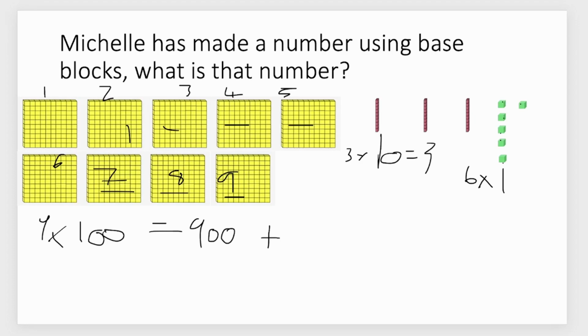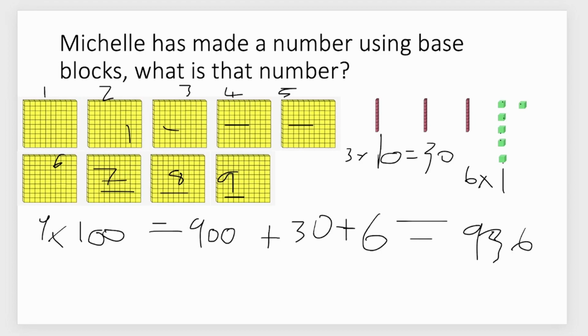So we have 30 for our pink section. So we're going to do 900 plus 30. And we're just going to write another plus sign in there, sorry. And then for our last section, the greens, we have 1, 2, 3, 4, 5, 6. 6 lots of 1. So we have 6 times 1. So we have 6. So our equation is 900 plus 30 plus 6, which gives us the answer of 936. That's a really poorly drawn 3, but 936.